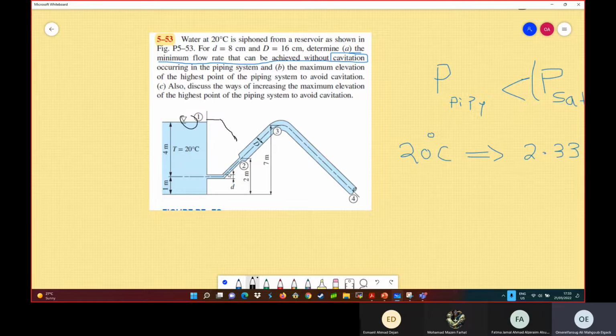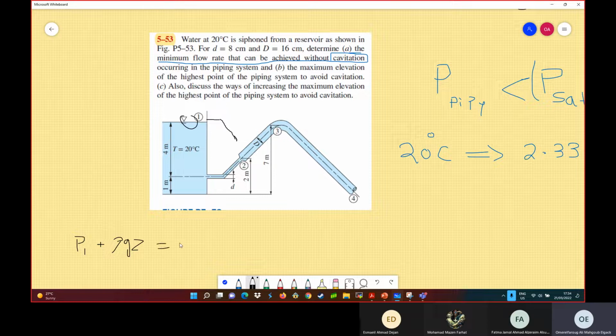Why is that? Because this region has a higher elevation, and if you apply the Bernoulli equation between point 1 and point 2, whenever you increase the elevation, the static pressure will decrease. Here you have P1, and there's no velocity here. The fluid is stagnant here, and then the elevation is z, plus rho g z.